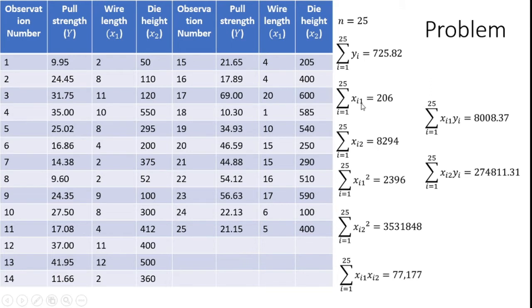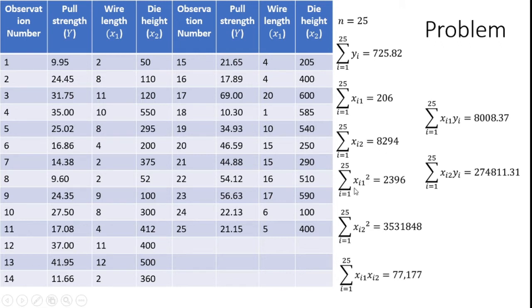The summation of xi1 from i equals 1 to 25 is 206 according to the x1 values. After that, the summation of xi2 from i equals 1 to 25 is 8294. According to the die height values, I sum up all the collected values and got 8294.